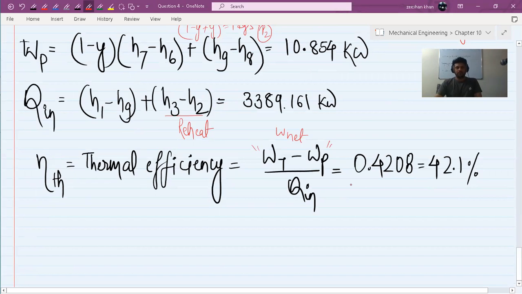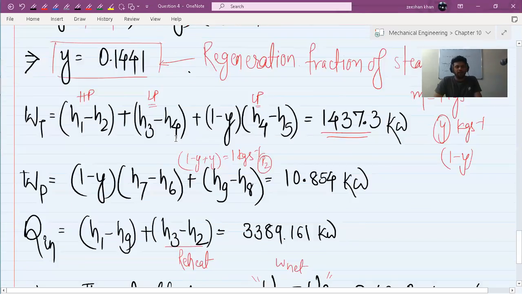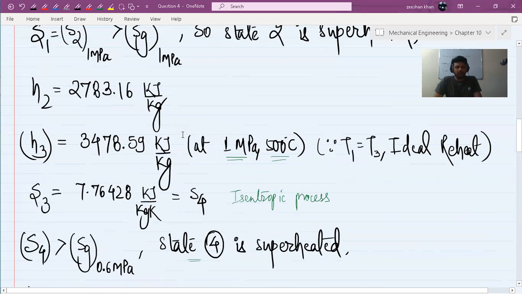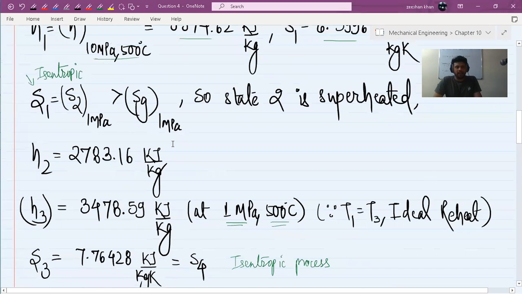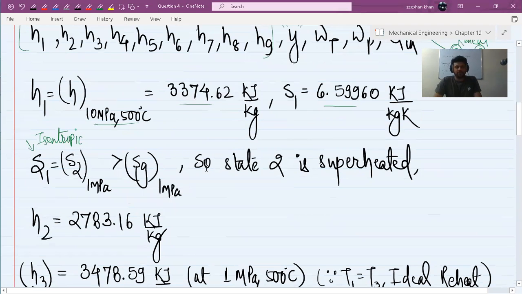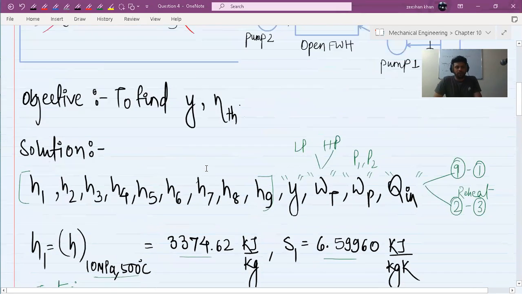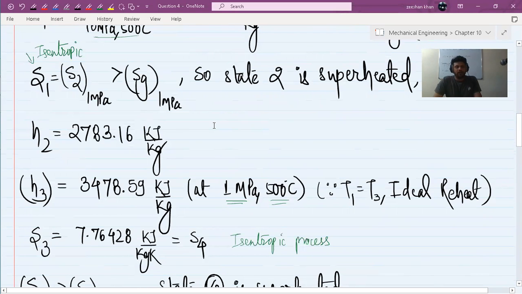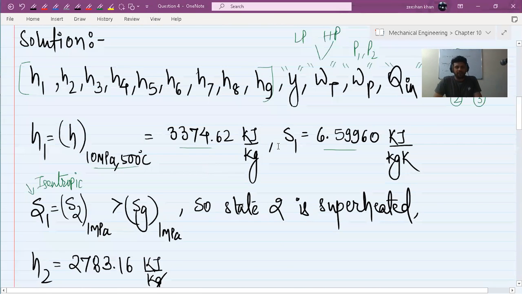Right after this, let me just show you the website that I use for calculating enthalpies. Let us find enthalpy for the state 2. So we know that the state 2 has a pressure equal to 1 megapascals, and we know that the entropy at that state is equal to 6.59960.